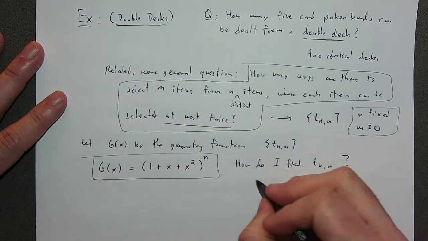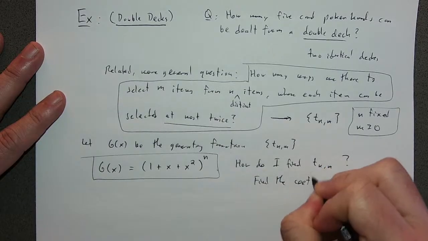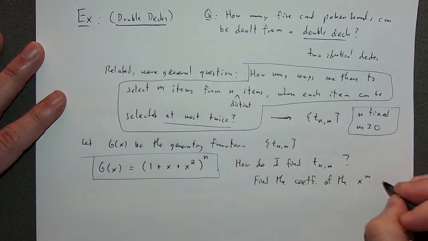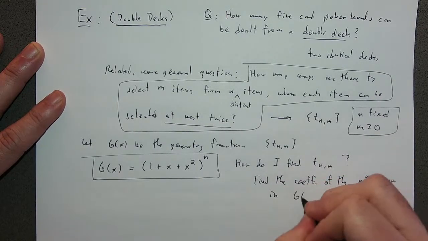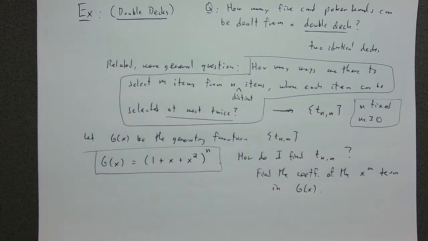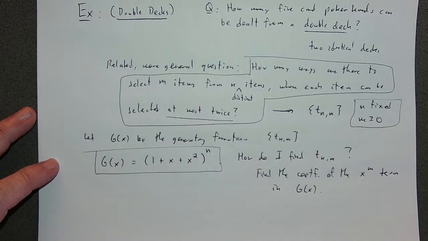So in order to do this, I find the coefficient of the x to the m term in this generating function. So I need to expand this. How do I expand this?